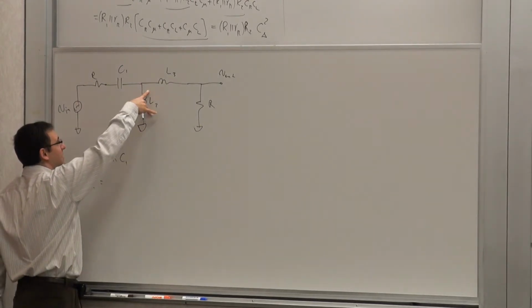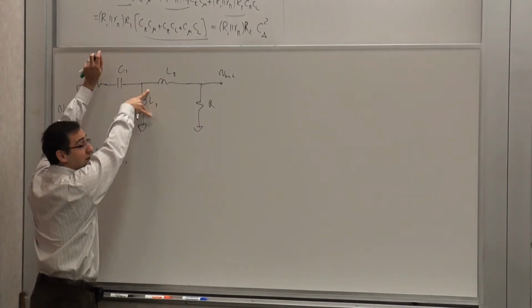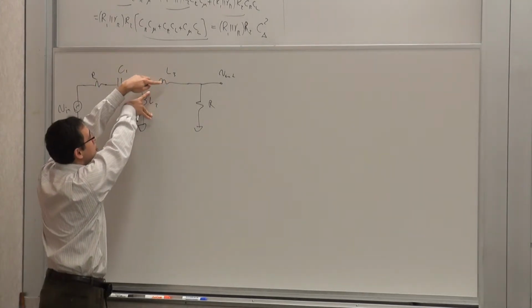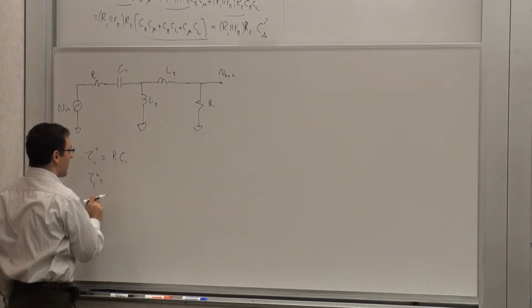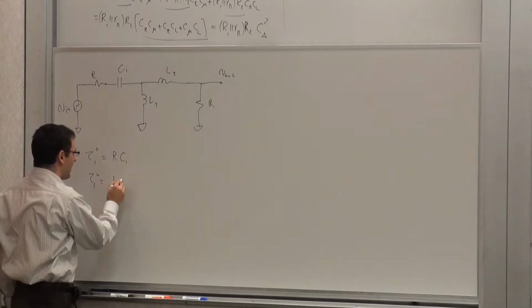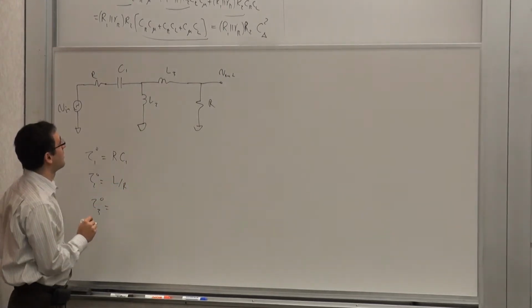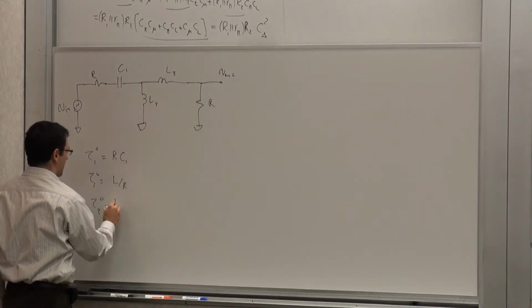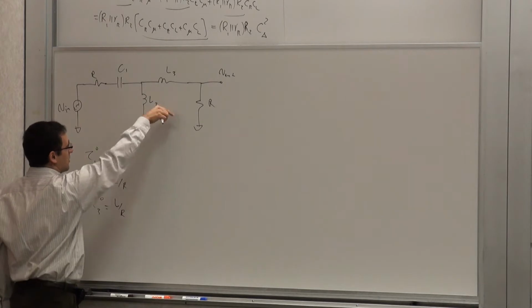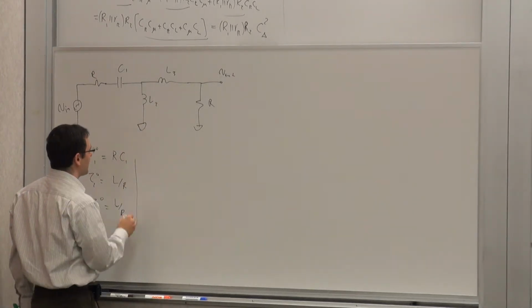The resistance seen by this guy when everything else is zero value. Zero value, this guy is open. This doesn't do anything. Zero value, this guy is shorted. So what do I see? R. Now, this time this is the time constant for the inductor. So it's L over R. And tau 30 is what? Seen by this guy. Again, the same thing, L over R. Done with the CVTs. Now, I have to go to the second order ones.